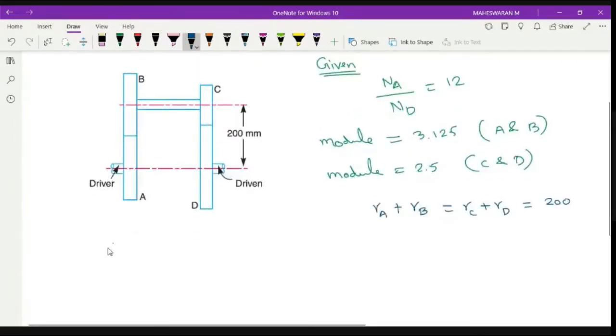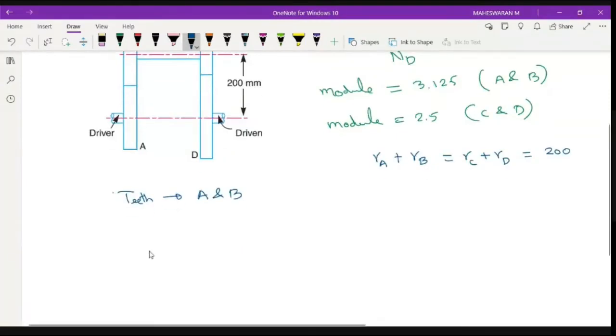Okay. So let me consider the module. Identify the teeth for gears A and B. We know that module is, what is the formula for module? It is 2R by T, that is D by T. That is the formula, right?